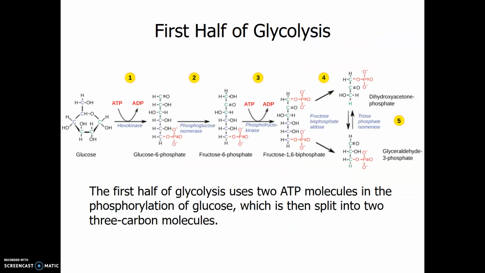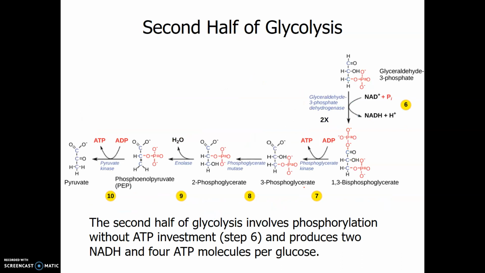And you don't have to get all caught up in the individual steps of glycolysis. But the first half of glycolysis uses 2 ATP molecules, and the second half forms 4 ATP molecules. And that way, 4 take away 2 is 2 overall ATP molecules that are produced by glycolysis.